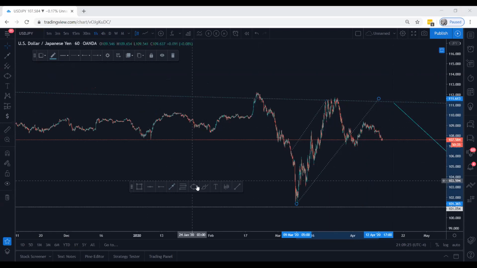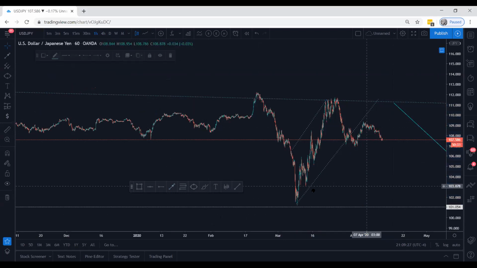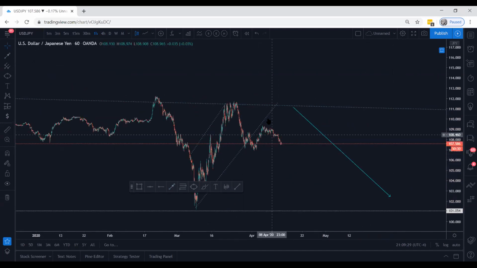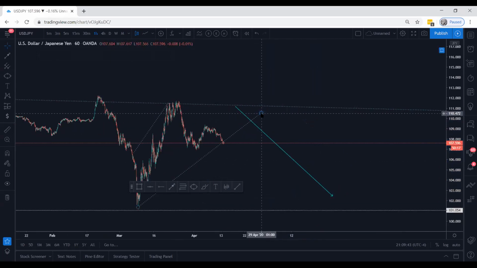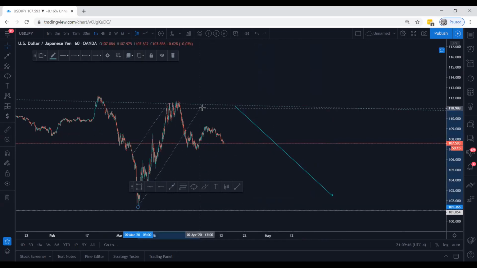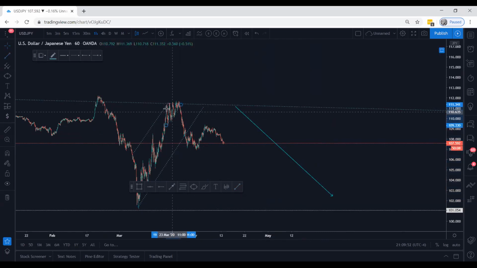Okay. So then dropping down to the 1-hour, you could say that we got an impulse, correction, continuation, correction, continuation, or we can bring it out further and wait for the breakout. Personally, I'm going to tighten it in there. You can see here we had an ascending channel, which then gave us our reversal down.